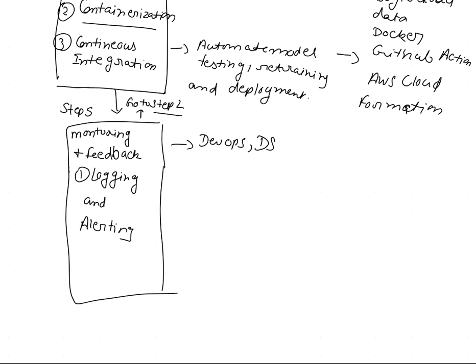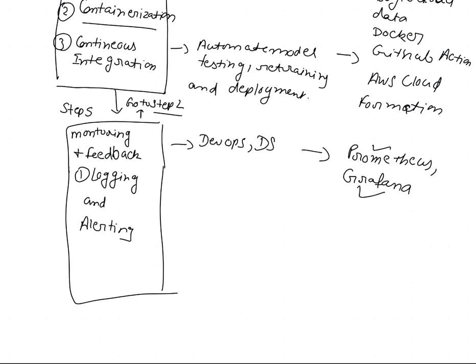And the tool for this, the monitoring tool, you can use Prometheus or maybe Grafana. Okay, so I have mentioned the most popular tools. Okay, and then you can check, but it is not limited to these. There are many tools available apart from these.